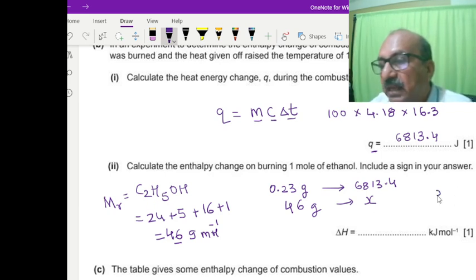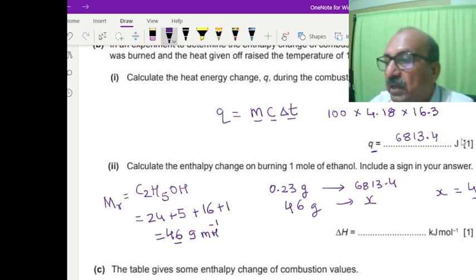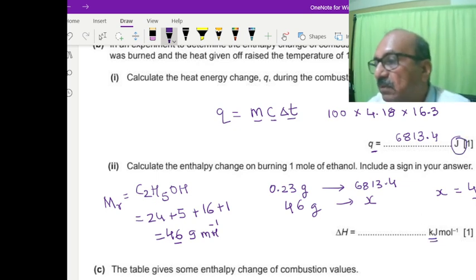So obviously this will be equal to 46 into 6813.4 divided by 0.23. But obviously this is going to give you joules. If you want it in kilojoules, then this will be further divided by 1000, right?